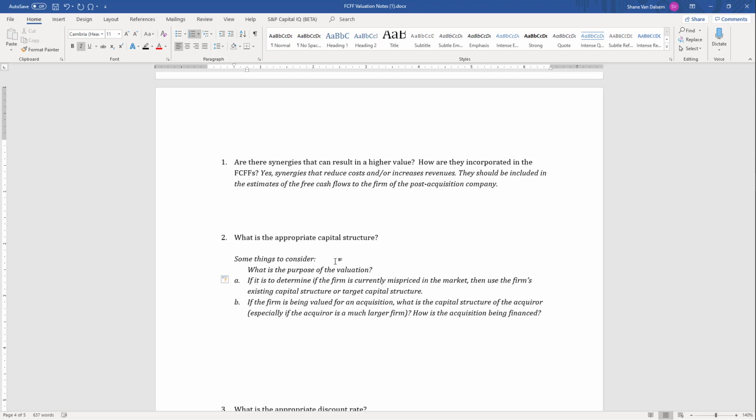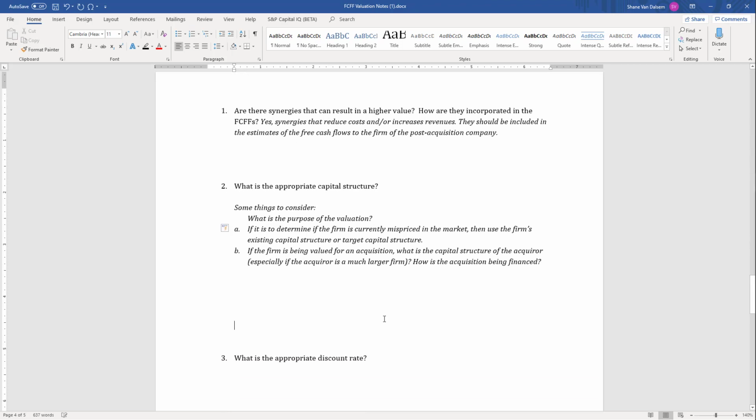And that is really going to be important, especially in the case you're looking at, because the potential acquirers, and there's more than one, are using different approaches, different levels of debt, and really would change the capital structure of the firm that they're acquiring.